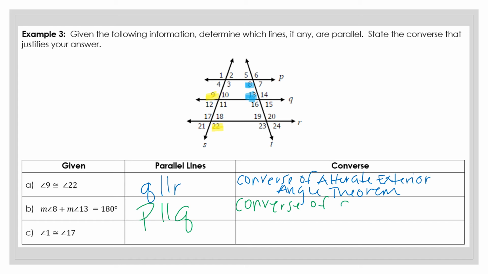The converse of same side interior angle theorem.